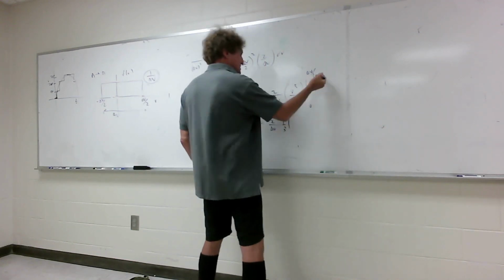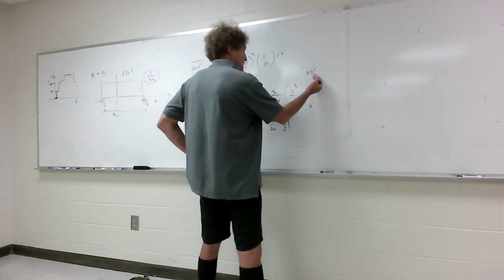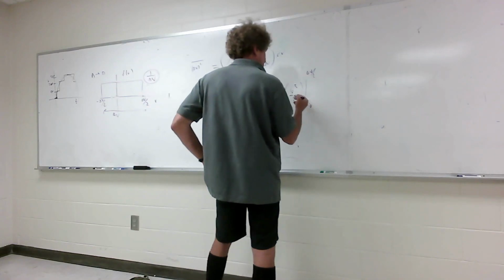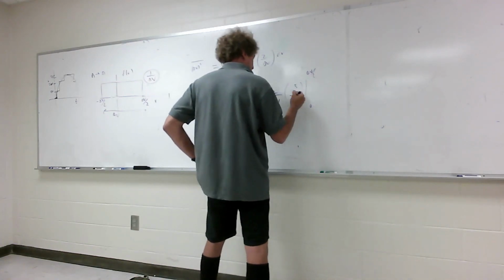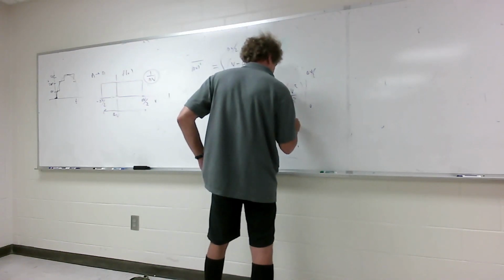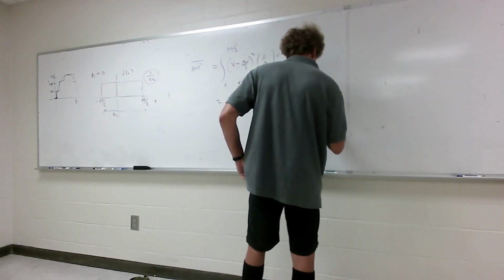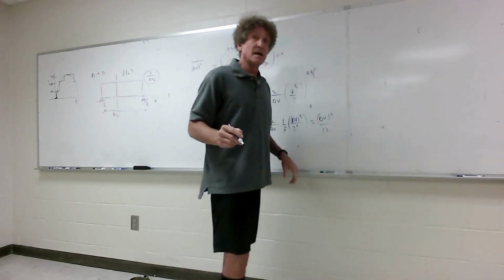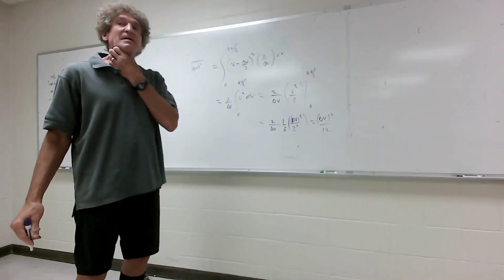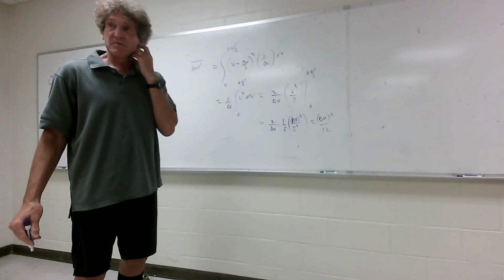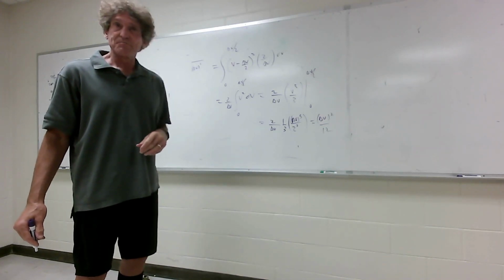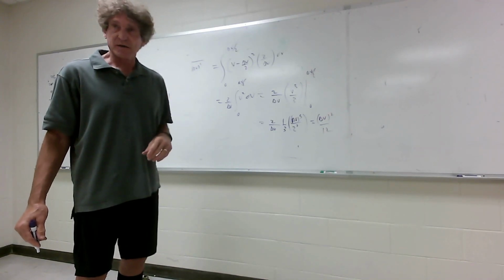And when I go from 0 to delta V over 2, this is going to be delta V over 2 cubed, so it's delta V cubed over 2 cubed, which is 8. So this comes out to delta V squared over 12. He has that. And that's the mean squared value of the error of the voltage. Quantization error, I think he calls it, right?